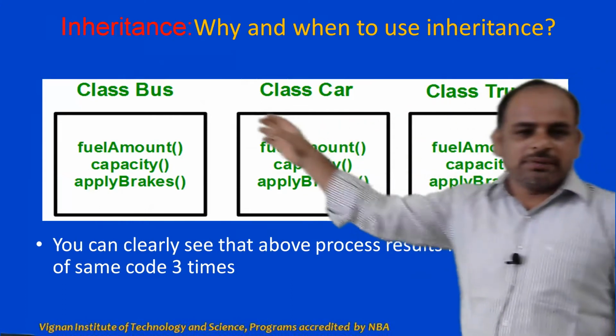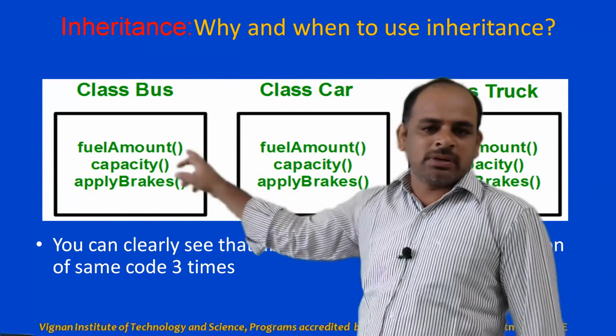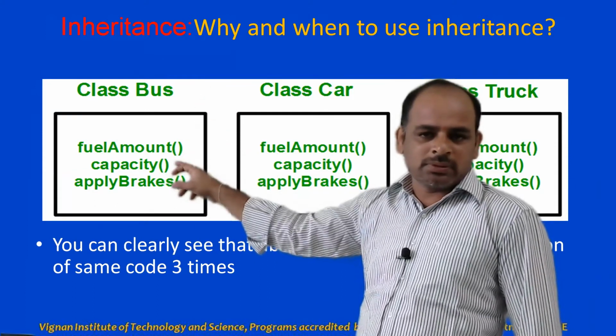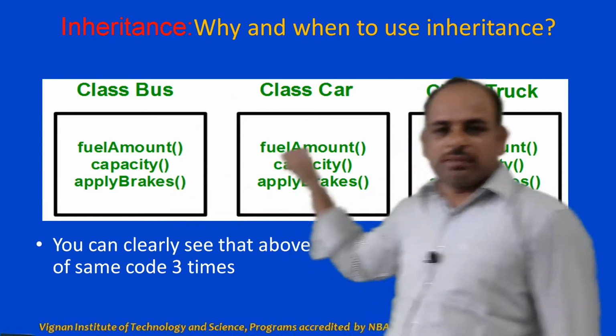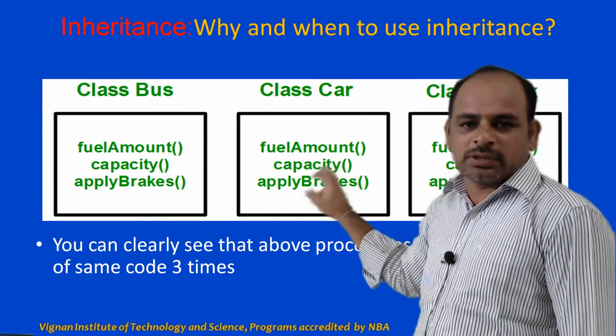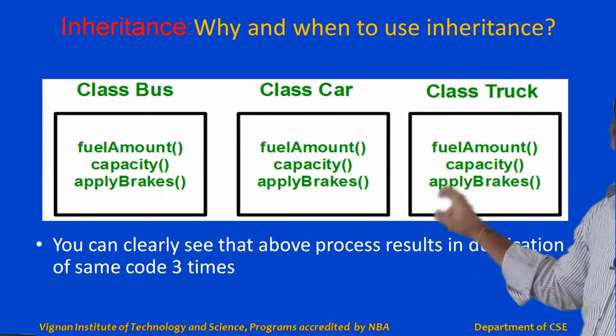Every class has these three common methods. Bus has the fuel amount operation, capacity, and apply the brakes, right? For car also the same, and truck: fuel amount, capacity, apply the brakes.